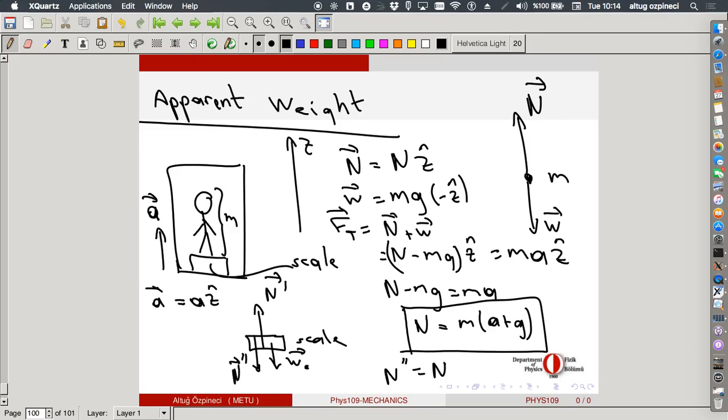The weight of the man only acts on the man. It doesn't act on the scale. The weight of the man creates this N double prime. If the man doesn't have any weight, that's only possible if he doesn't have any mass m, then there won't be any N double prime.